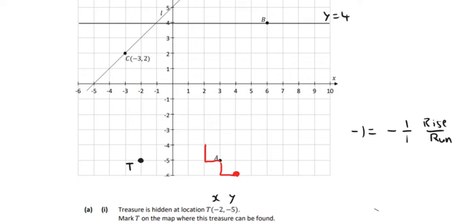So it'll go through all of those points. So this is your line anyway.